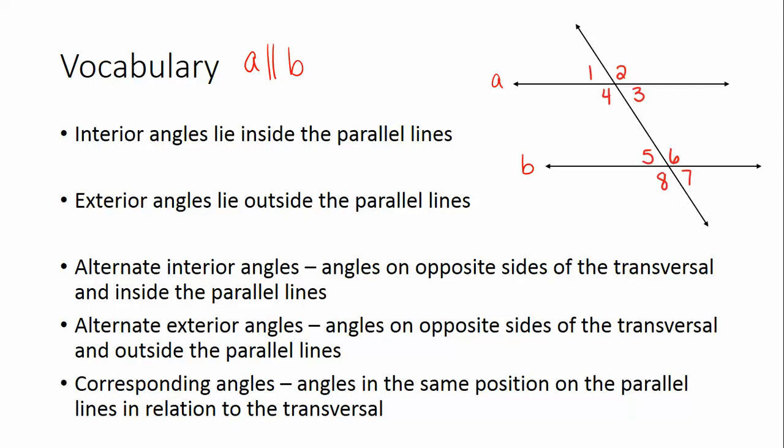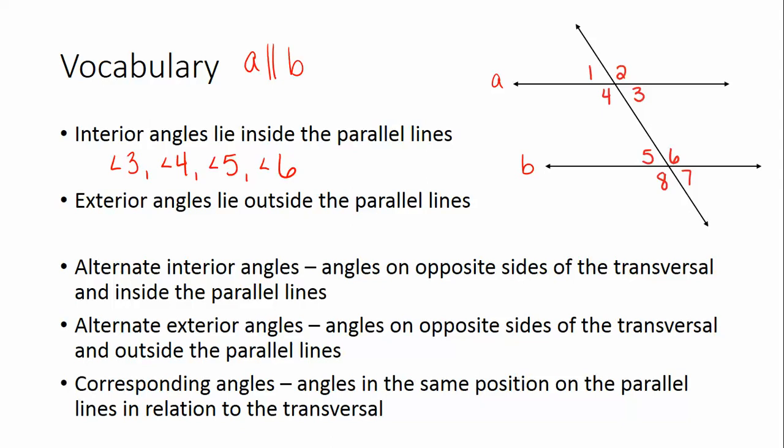So interior angles are the angles that are formed by the transversal and the parallel lines that lie inside the parallel lines. So when we talk about interior angles, we're talking about angle 3, angle 4, angle 5, and angle 6. I'd also like you to write these numbers down next to this definition so that when you look at this figure later you can see, okay, those are the interior angles, how does that match what we're working on?